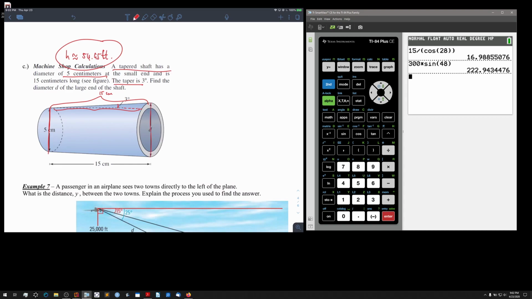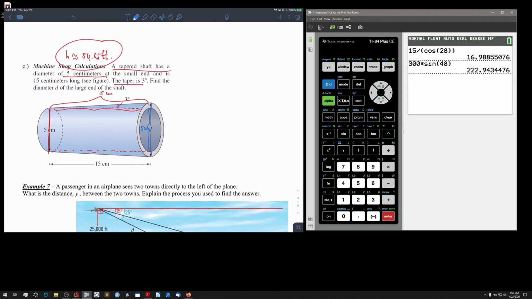What I need to know, and you can see by the way that they drew the picture, oh, that doesn't look right. Let me fix that. If I do this, I have to connect up with that. So the way they drew the picture is this. What I can deduce is that this distance here is still 5 centimeters, but the shaft has been tapered, so I've added some thickness to this part.